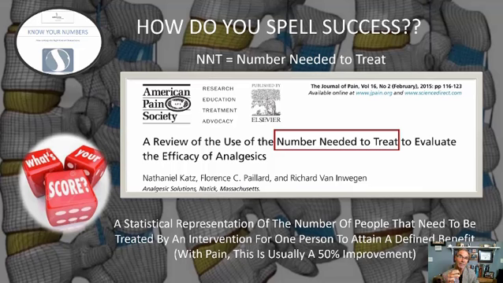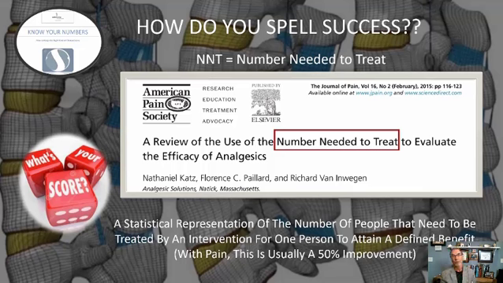But the idea of number needed to treat is to see how many people need to be treated with a particular intervention to achieve a declared or designed result. And usually that's 50%. And for pain medicine, it's how many people need to be treated with a particular medication for one of those patients to get 50% relief.